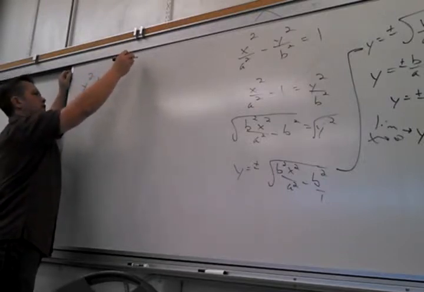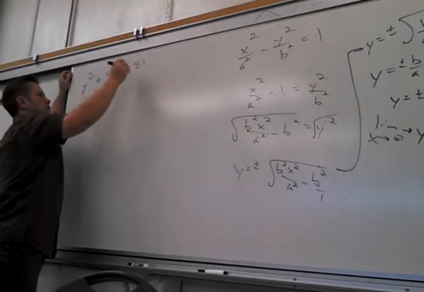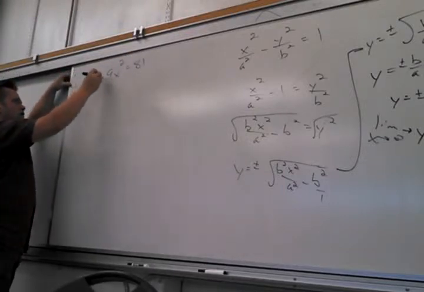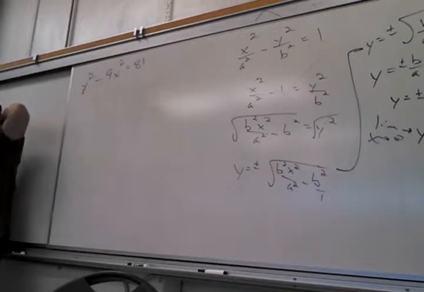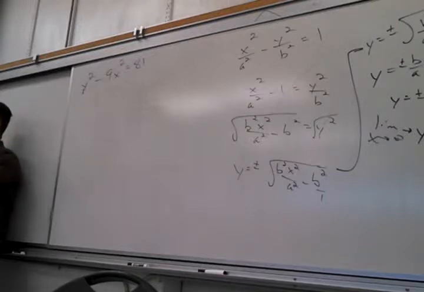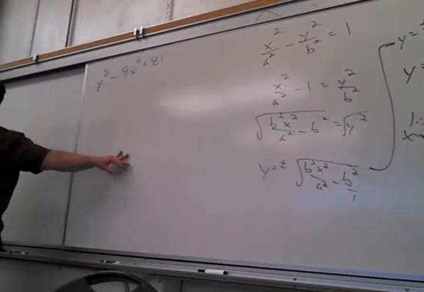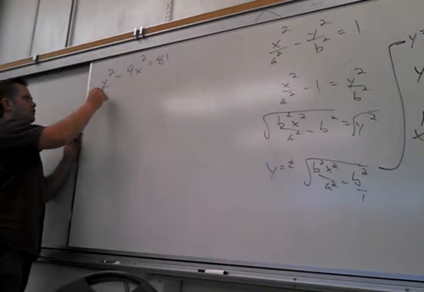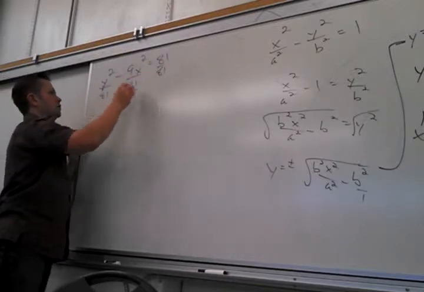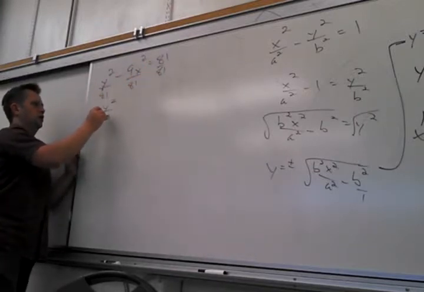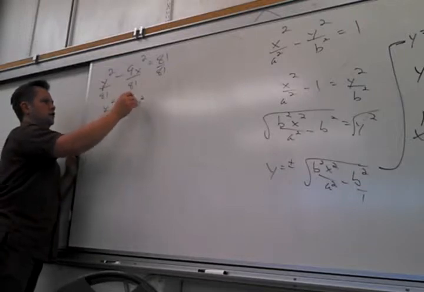Well, let's make it a minus so it's actually a hyperbola. Just to make sure everybody remembers the first step, what's the first step? Good. So the first step for an ellipse and a hyperbola is to get a 1 on that side. So divide by 81. So we get y squared over 81 minus x squared over.